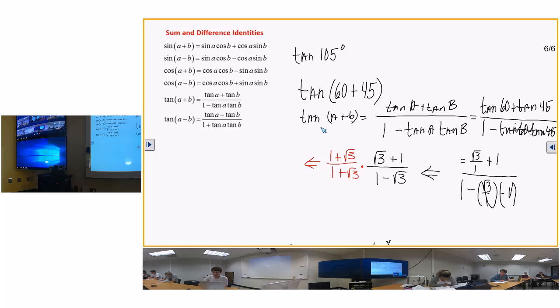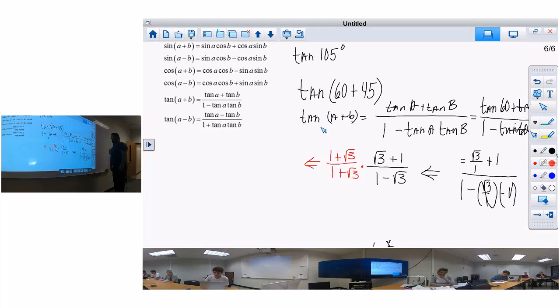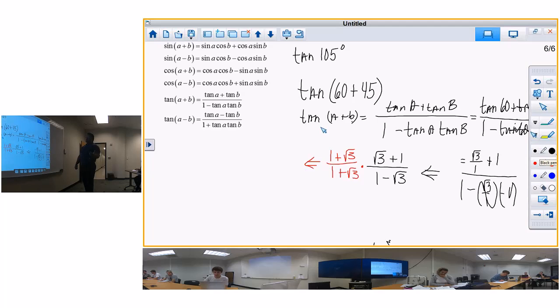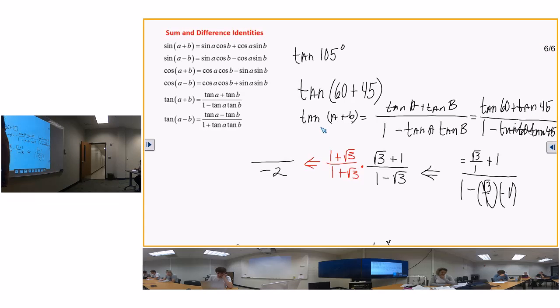So, what is the bottom? That's shortcut number 3. Shortcut number 3 will give us 1 squared minus square root of 3 squared, which is 1 minus 3, which is negative what? Negative 2. And then the top is going to give us 1 squared.